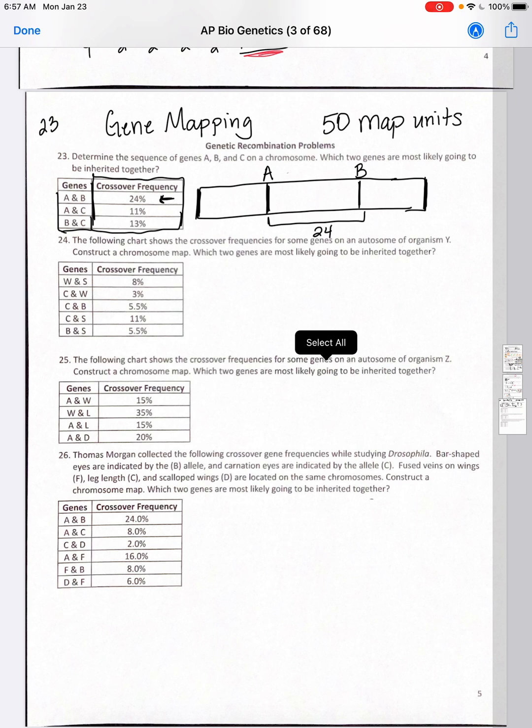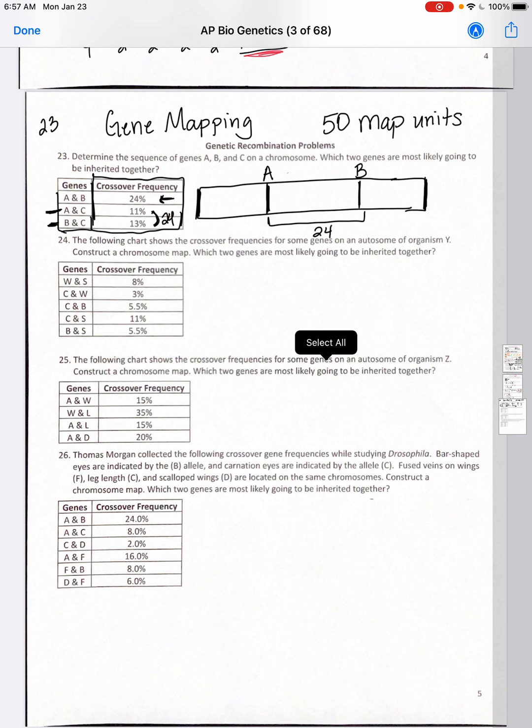So then from there, we're going to look at our other percentages. We have A and C and B and C, so we need to map C. It is telling us between A and C is 11 map units, but between B and C is 13. Now, if you will notice, what is 13 plus 11? That is 24, right?